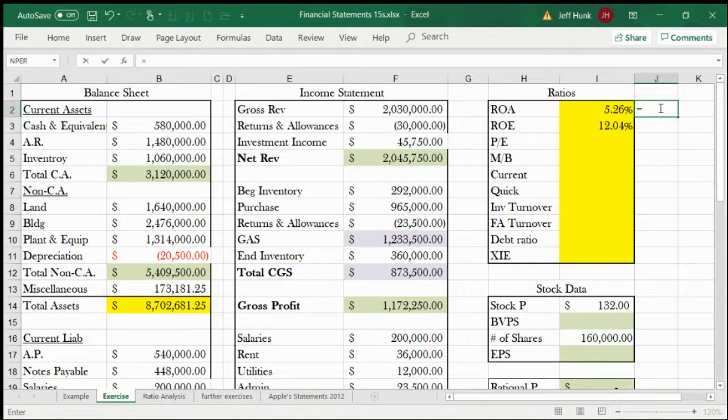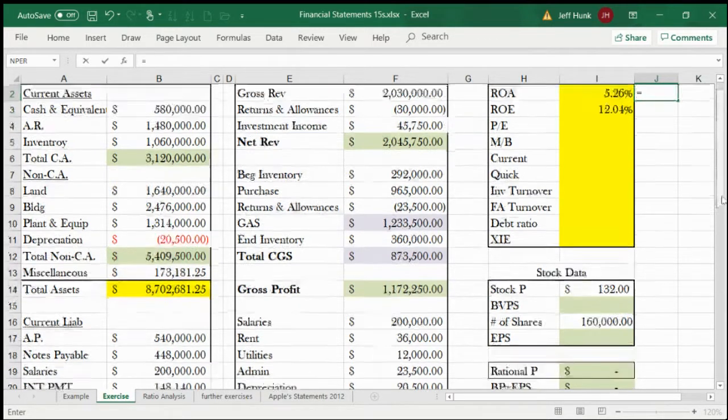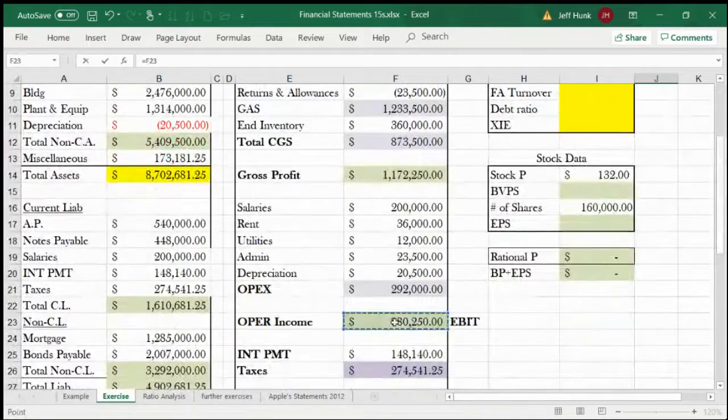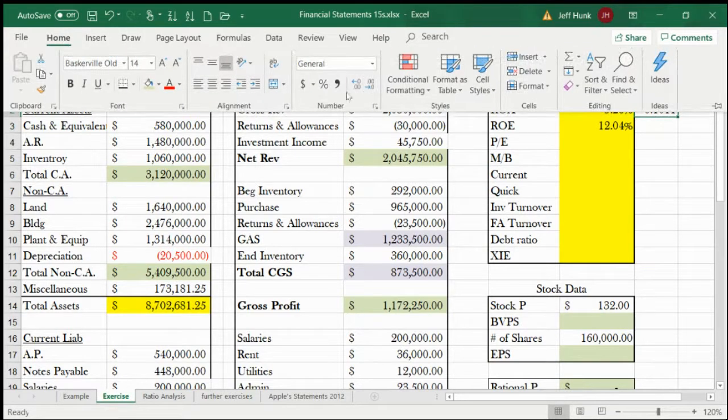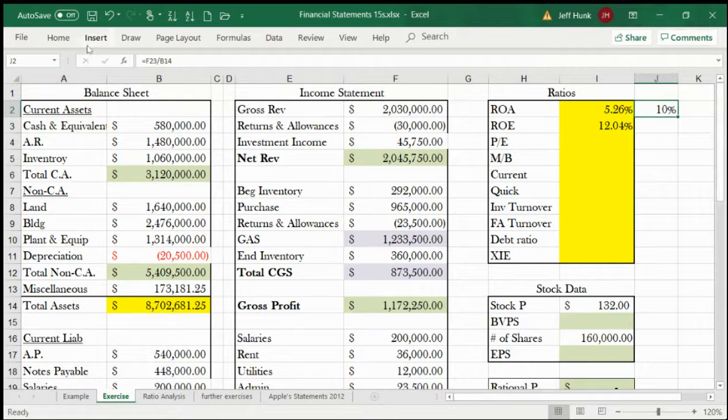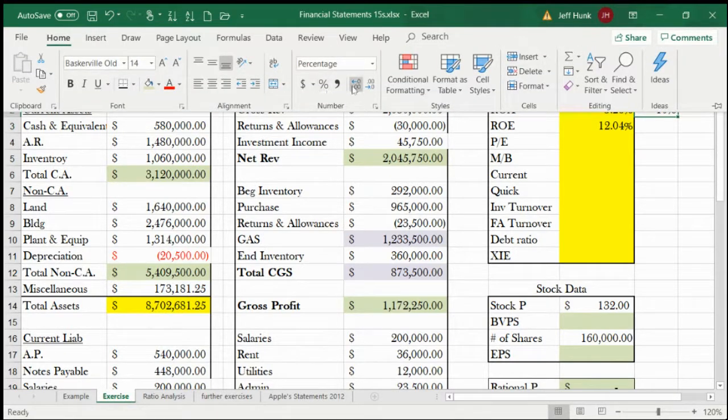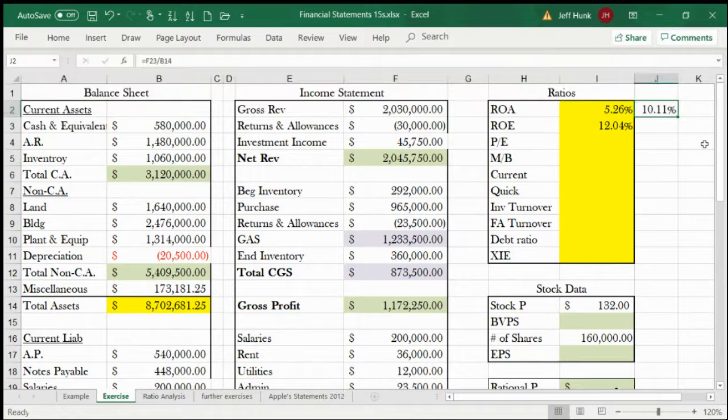But sometimes they also use EBIT over total assets. And where's the EBIT? This is the EBIT, operating income. That's the EBIT over total assets. And there you go. Of course, you should give that as a percentage, at least 2 decimal places. Okay, now that makes the ROA much better.